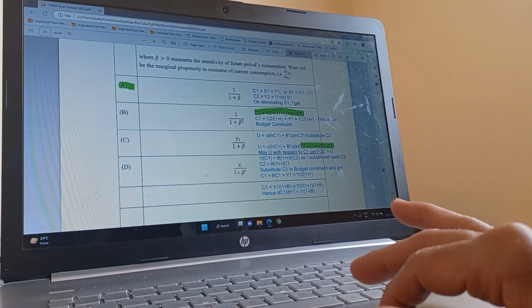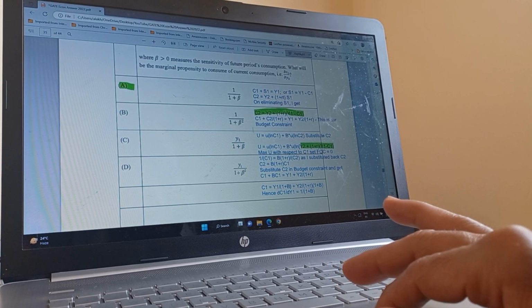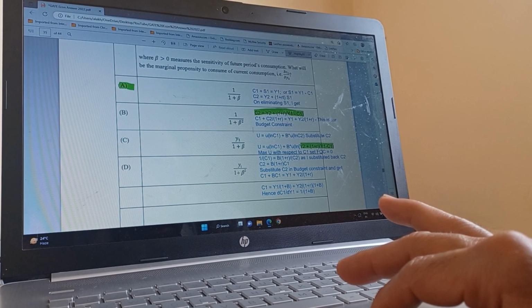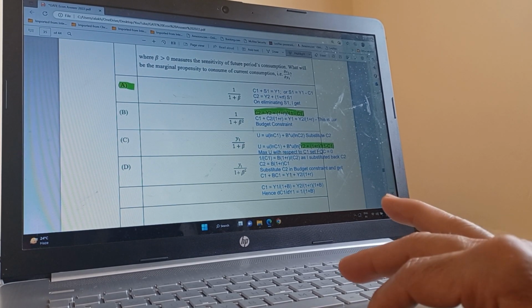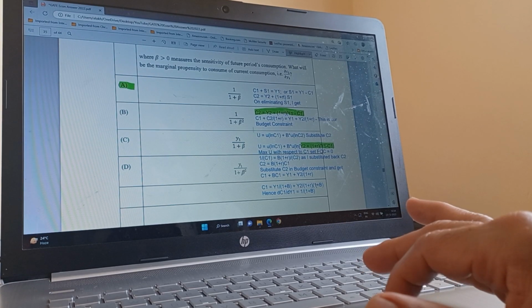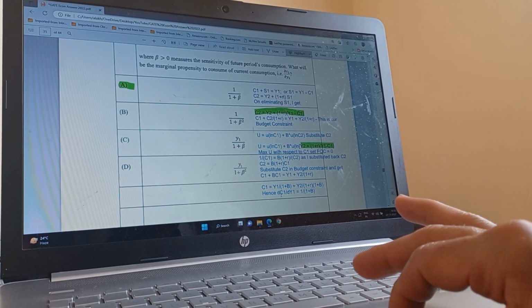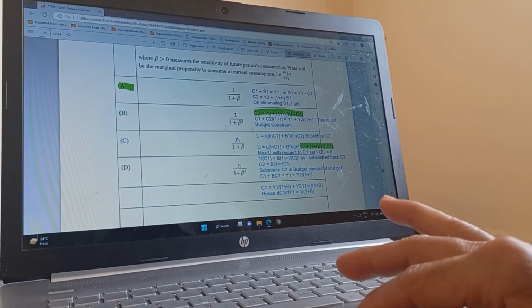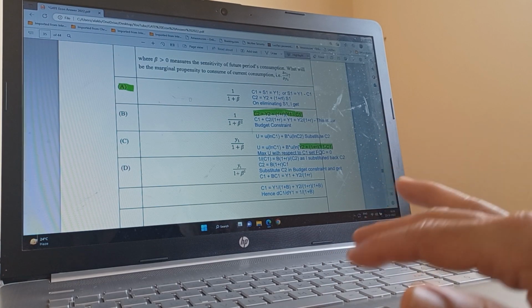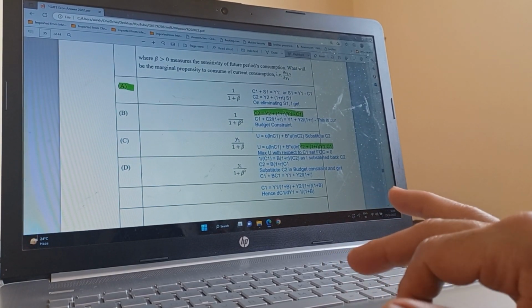I will have to divide by (1 plus beta) in all of this. So that becomes Y1 divided by (1 plus beta) plus Y2 divided by (1 plus R) times 1 by (1 plus beta). Hence, take the derivative dC1/dY1 and that gives you 1 by (1 plus beta). So this is answer A. That is the only answer which is correct.